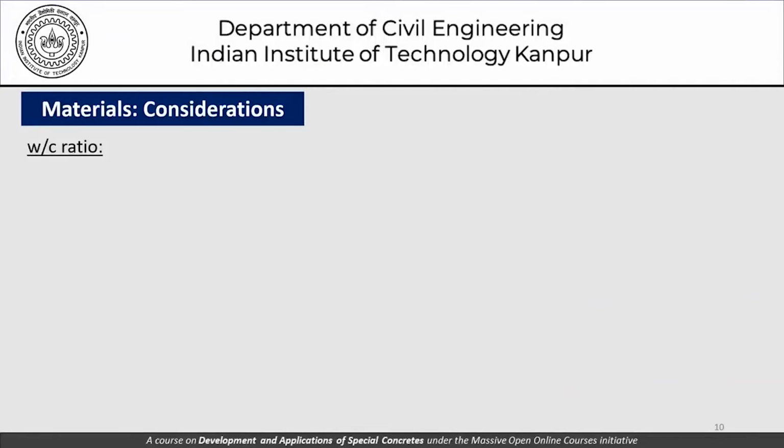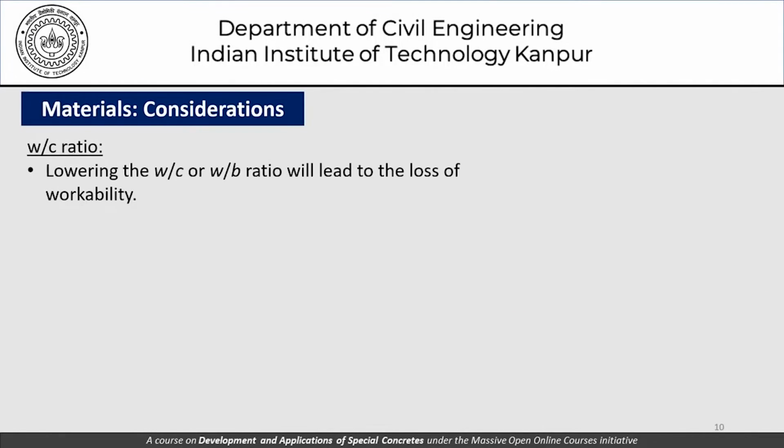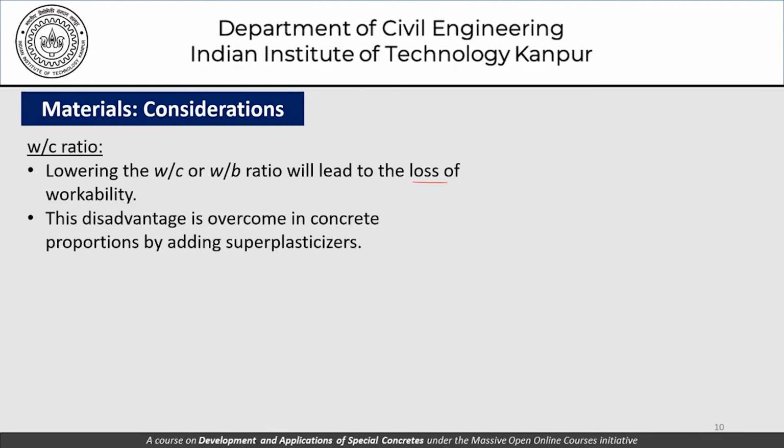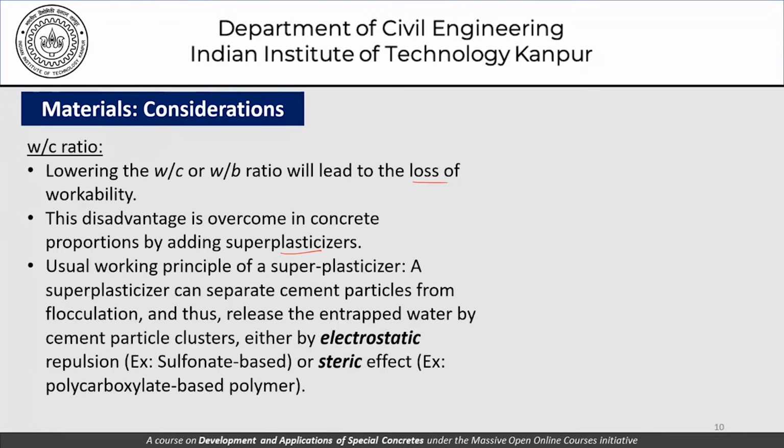Continuing with our discussion on water cement ratio, lowering the water cement ratio, the water binder ratio, also leads to a loss in the workability. This disadvantage is overcome in concrete proportions by using superplasticizers. Usually the working principle of a superplasticizer, I've already explained to you several times before.